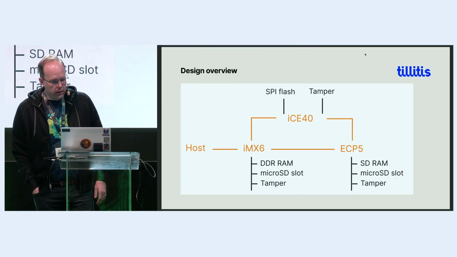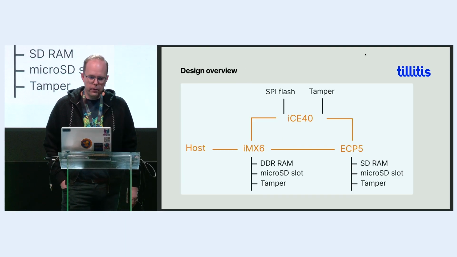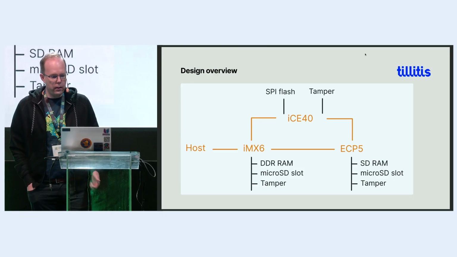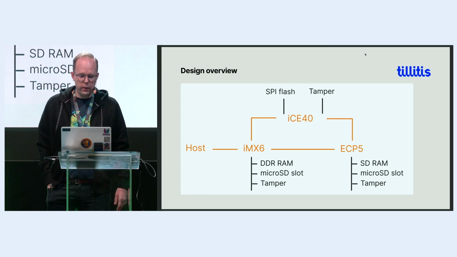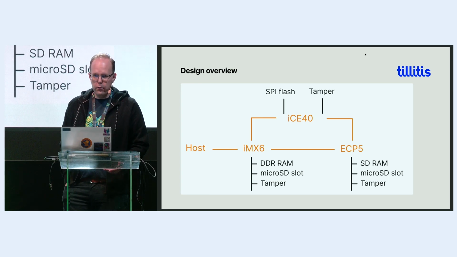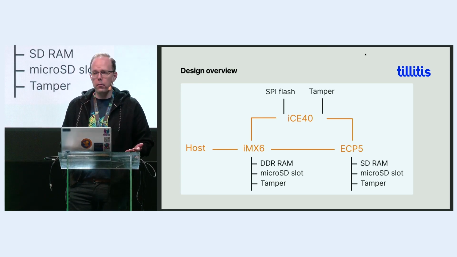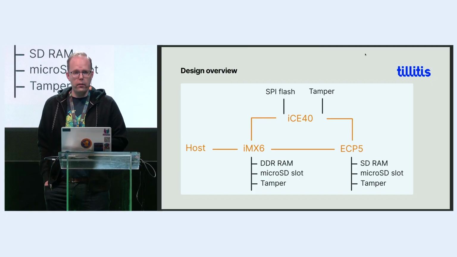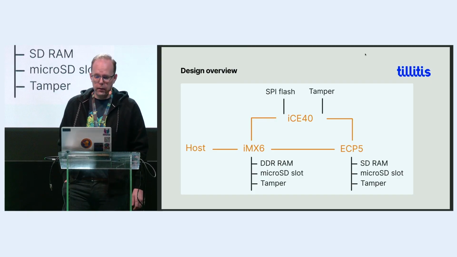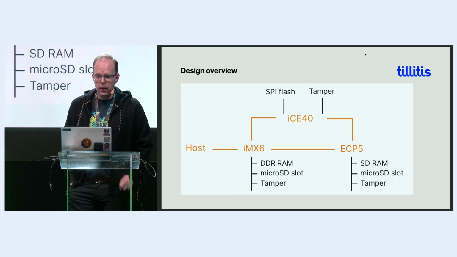And it looks like this. The three critical chips are the NXP i.MX6, which is an ARM core running Tamago, that's bare metal Go. We have the ICE40, which is the same FPGA that we use for the TKey. It runs a 32-bit RISC-V core and some other things. Then we have the ECP5, which is a larger FPGA, also from Lattice.